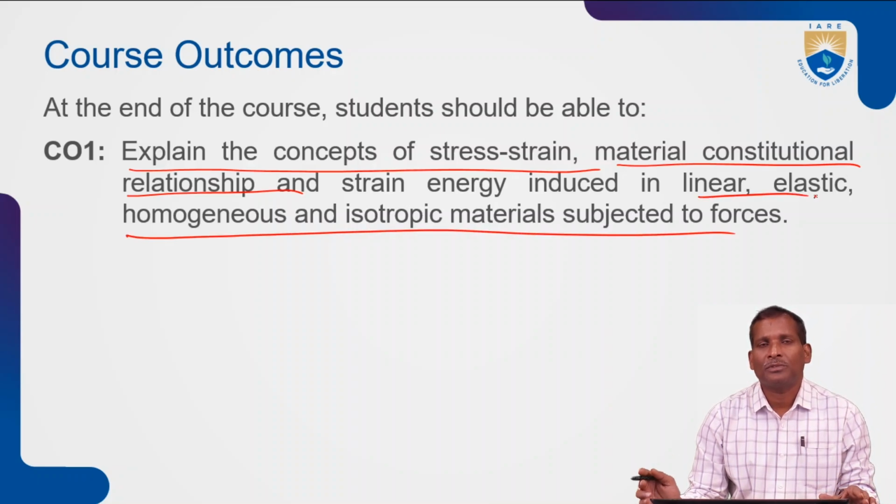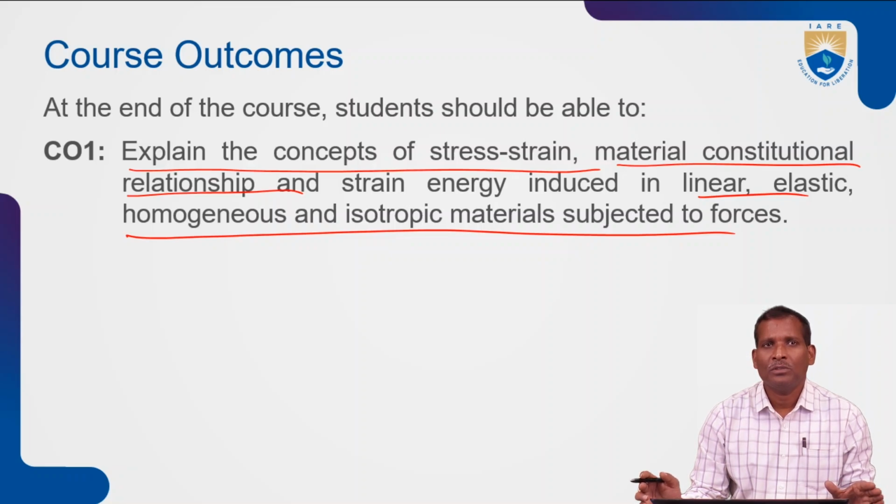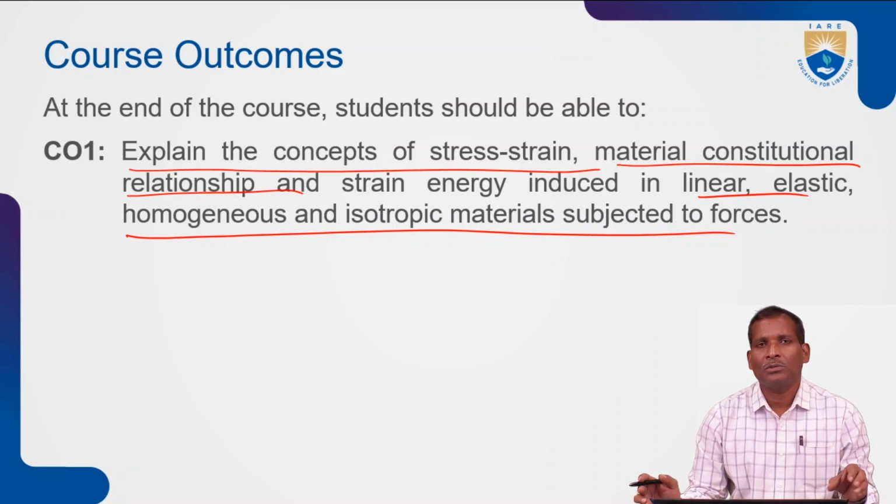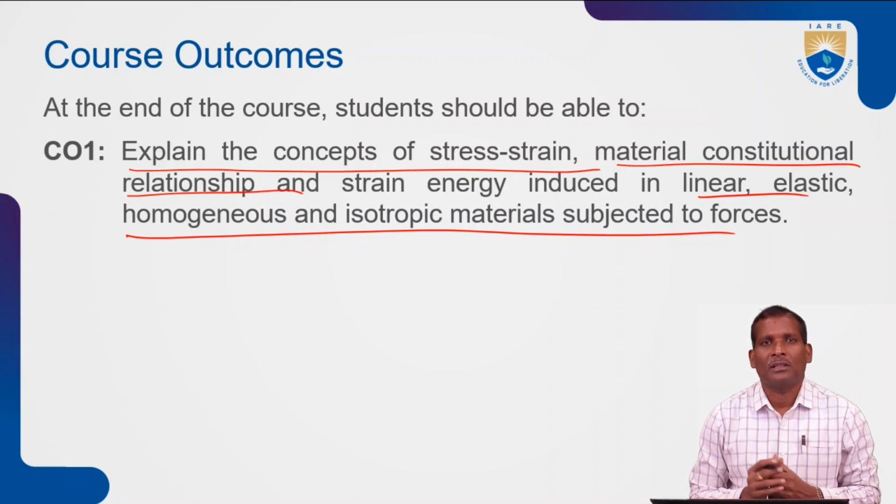This is CO1. According to CO1, we will discuss all topics, and at the end of the course the students should be able to explain whatever is discussed in the sessions.